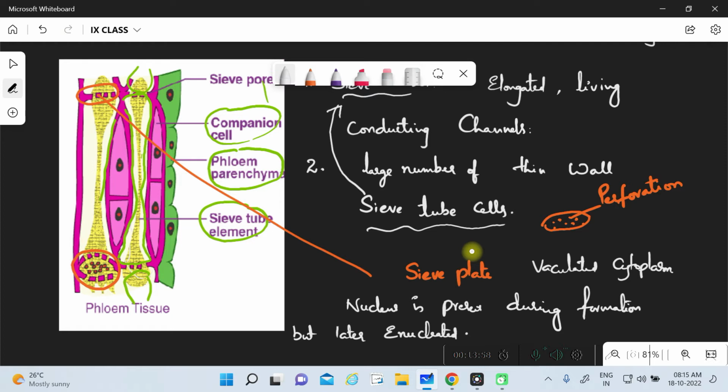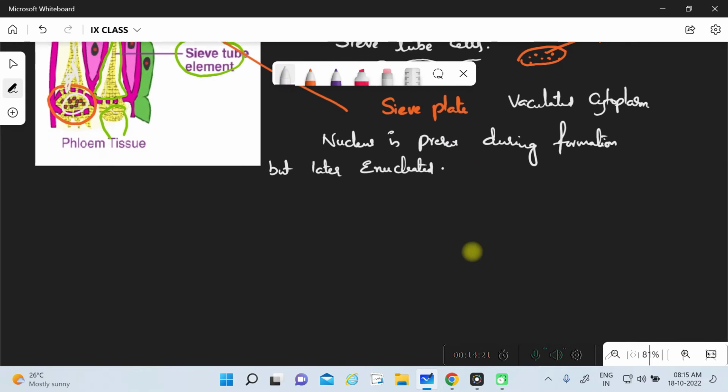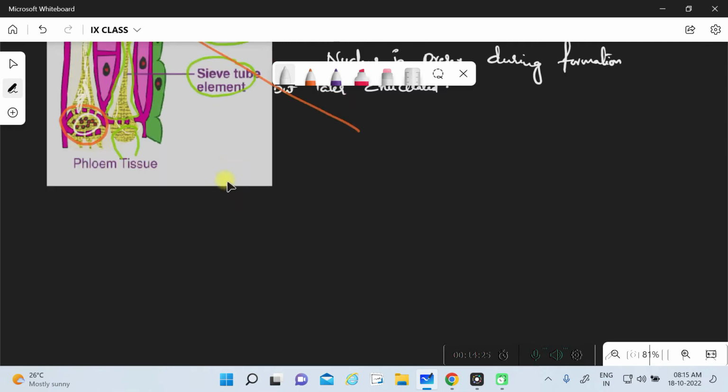Now you can see these yellow structures. These yellowish structures are cytoplasmic strands, distributed from one end wall to another end wall.